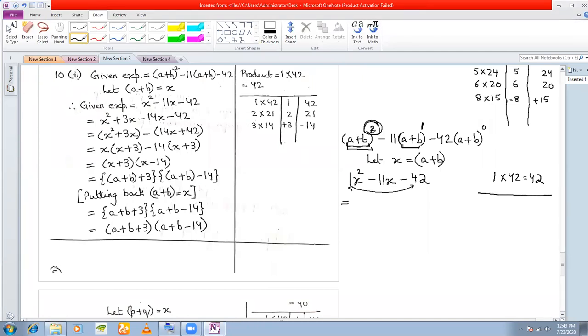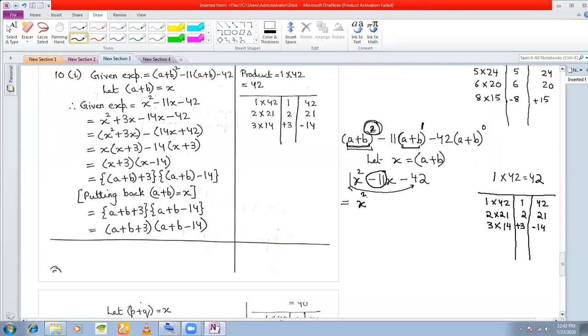Now you want to break 42 into two factors, 1 into 42, 1 and 42. Second factor is 2 into 21, 2 and 21. Third factor is 3 into 14, 3 and 14. Will it give me minus 11? Yes, if I take minus 14 and plus 3, it will give me.